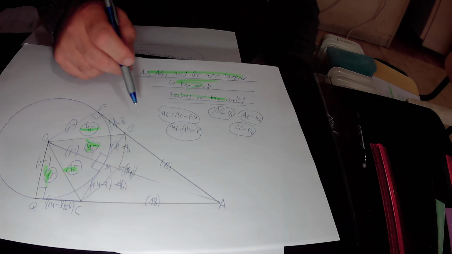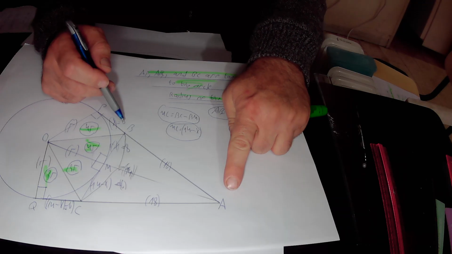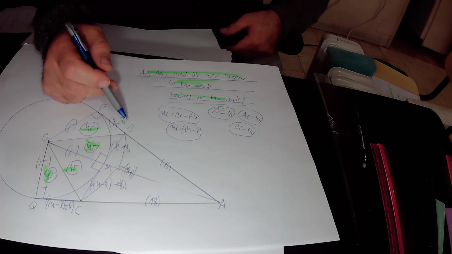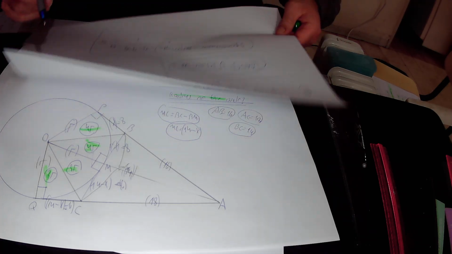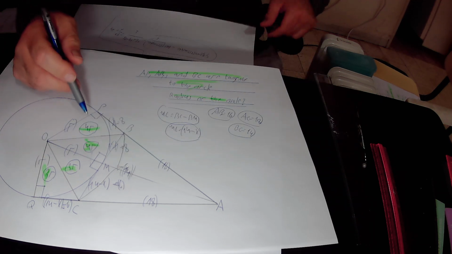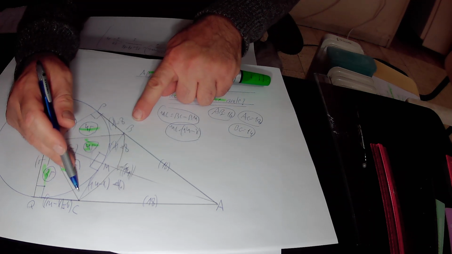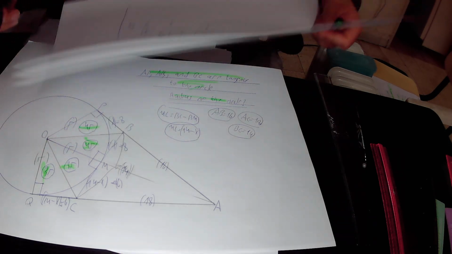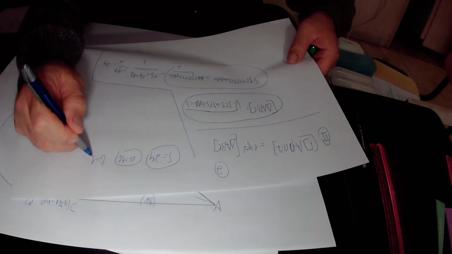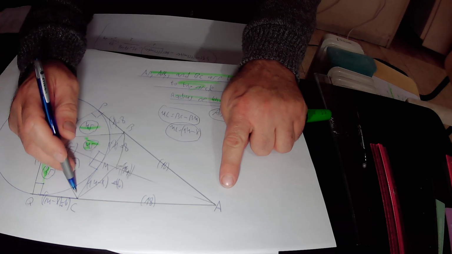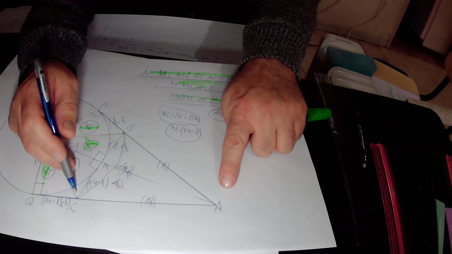So we define the length of AB, that is 16, as A. So A equals 16 according to our definition. We define the length of side BC, that is 14, as B. So B equals 14. And we define the length of side CA, that is 18, as C. So C equals 18.